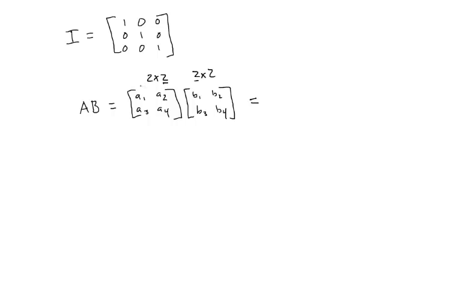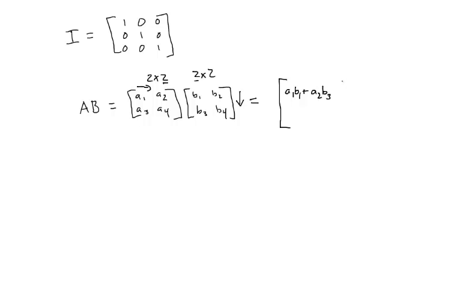And we're going to go across the rows and down the columns. So across the rows on the left matrix, down the columns on the right matrix. So when we do this, we're going to have A1 times B1 plus A2 times B3.